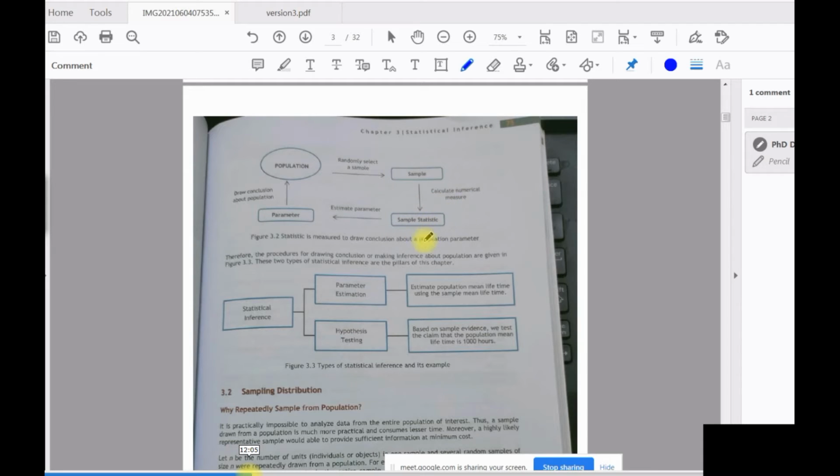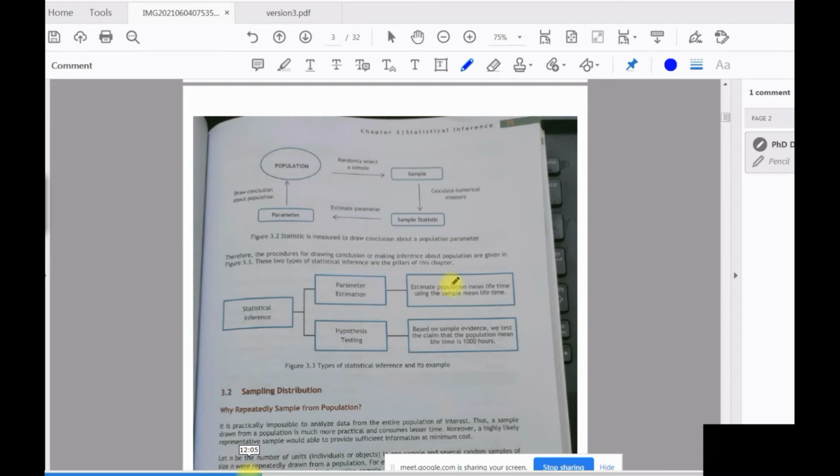We make a sample statistic, which we calculate, find the mean, find the variance and so on. Estimate the parameter, meaning we make a conclusion about the parameter, and that is our estimation about the population.